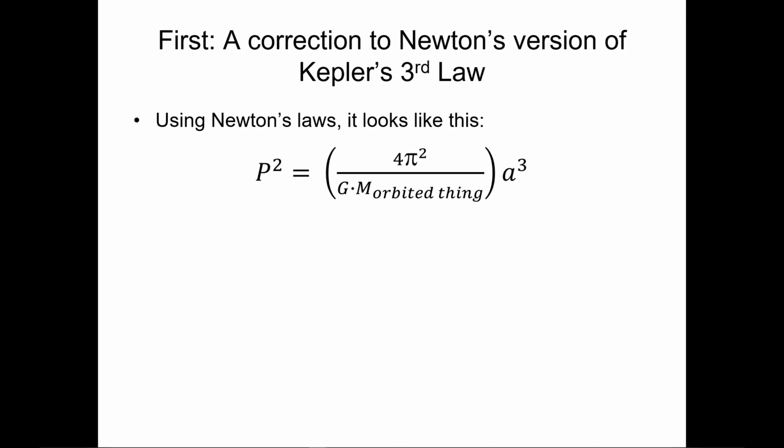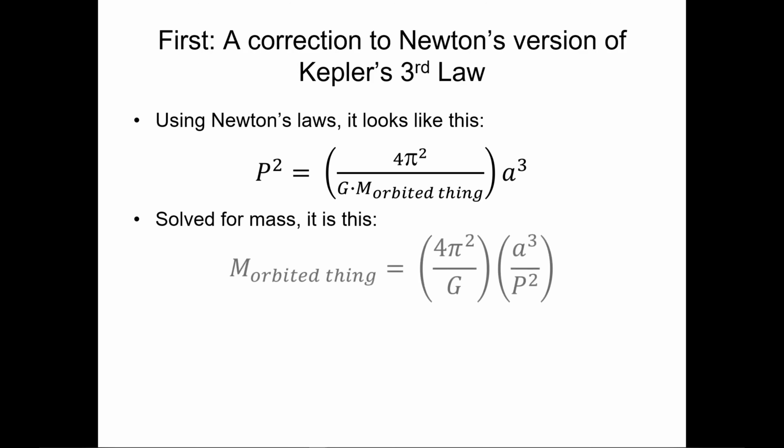And we've seen this several times this quarter. If we solve that for mass, the mass of the orbited thing is 4 pi squared over G times a cubed over P squared. And we did that in the Jupiter's moons labs.